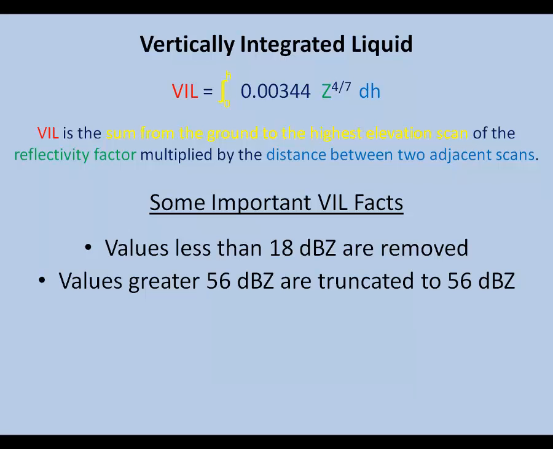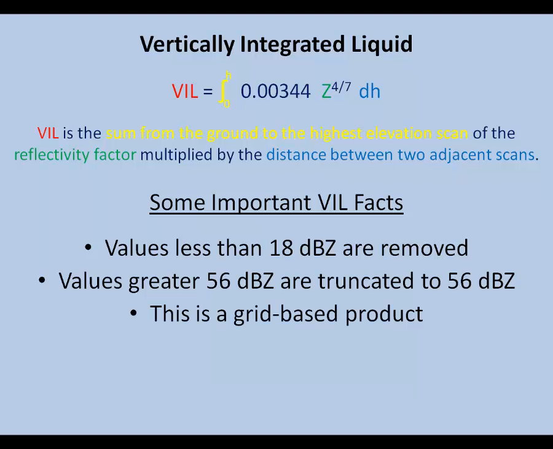So normally we think of hail as having large dBZ values or reflectivity values. Those are not even included in the calculation. So if you look at the radar scope and you see a 68 dBZ and you say that has to have some ice in it, keep in mind that our fallback product VIL is not even using 68. It's using 56.